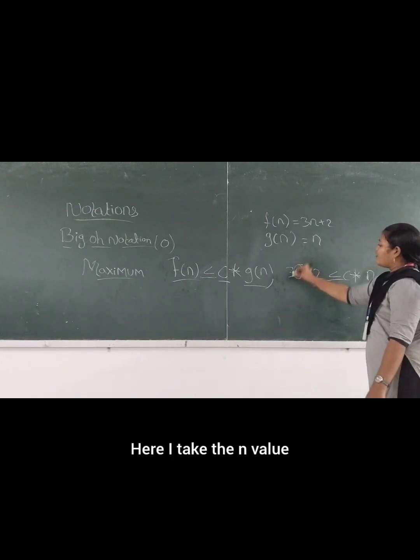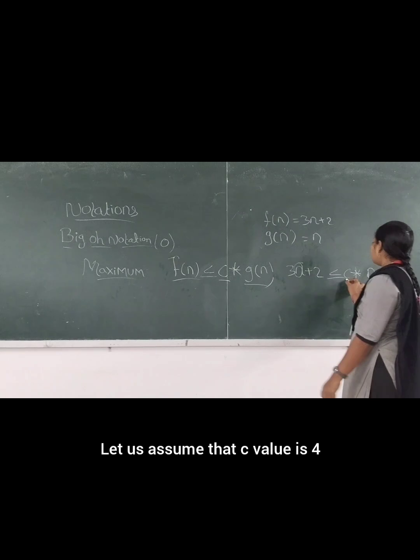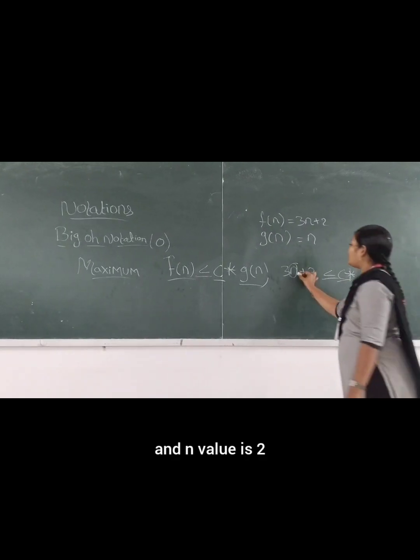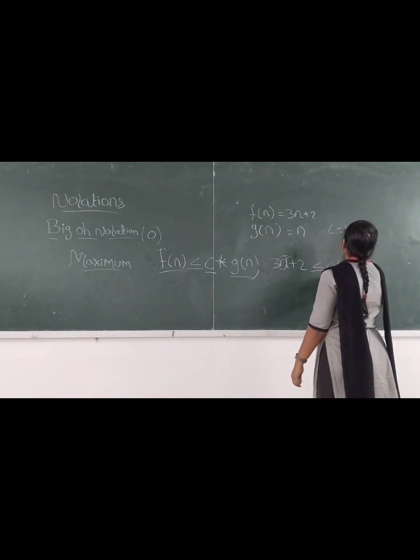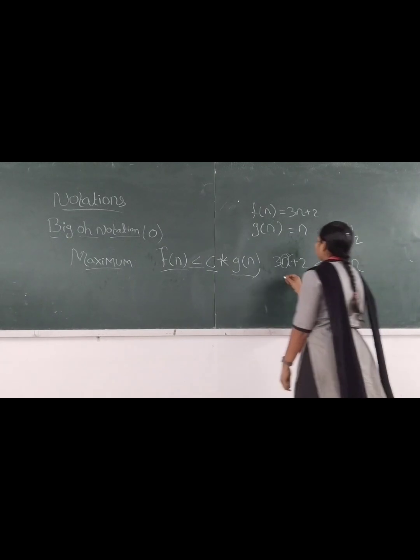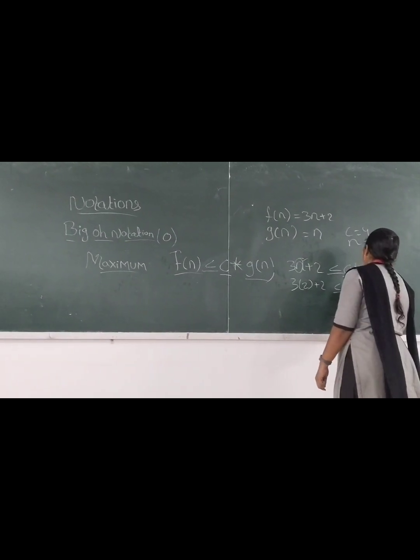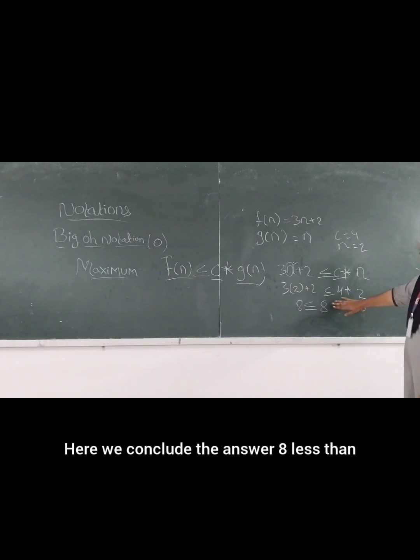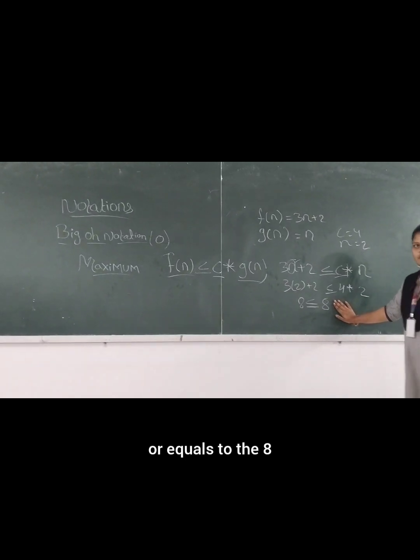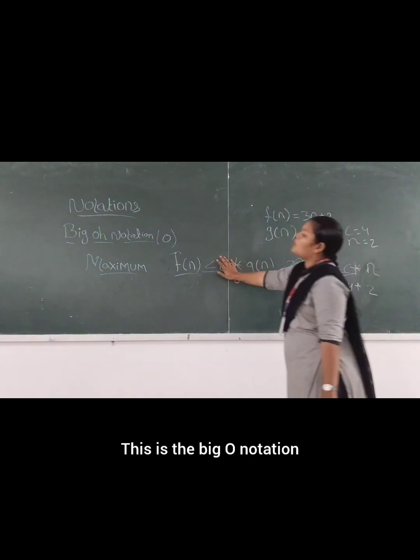Let us assume that c value is 4 and n value is 2. Here we conclude the answer: 8 less than or equals to 8. This is the big O notation.